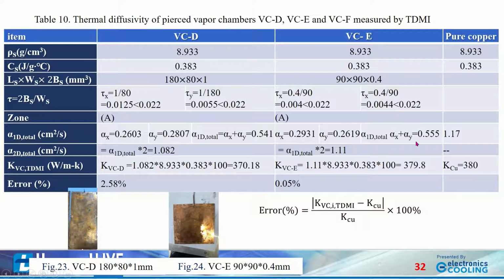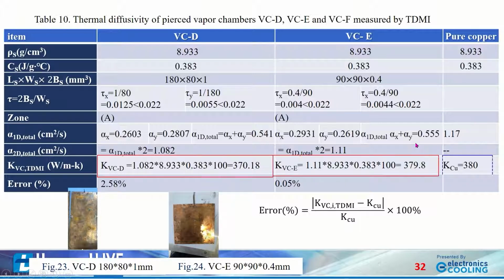The vapor chamber is not like a pure material such as a copper plate. There is a standard thermal conductivity that can be found in a table or literature. Therefore, to prove that the Angstrom theory is correct, we only pierce the vapor chamber and then measure the thermal diffusivity of the copper plate. Table 10 shows when the vapor chamber is pierced and all steam is expelled out of the chamber, making the vapor chamber a copper plate.